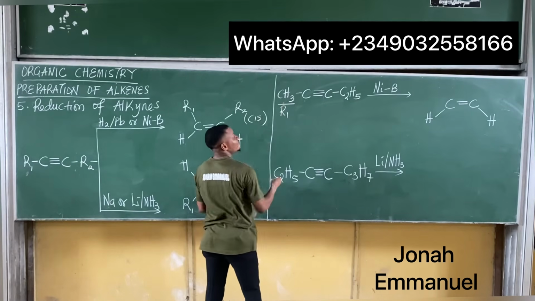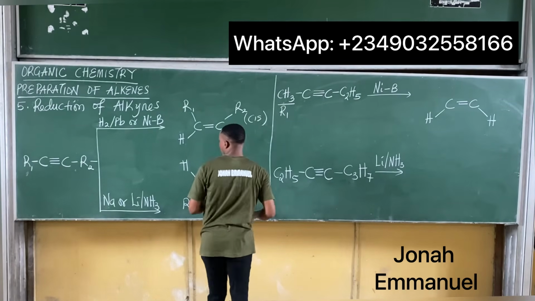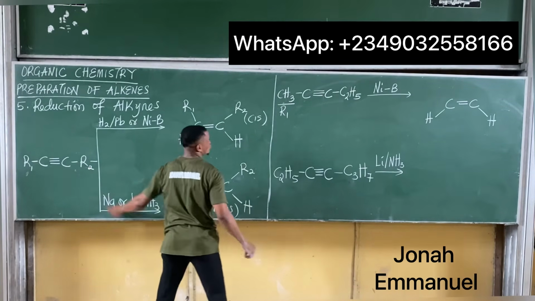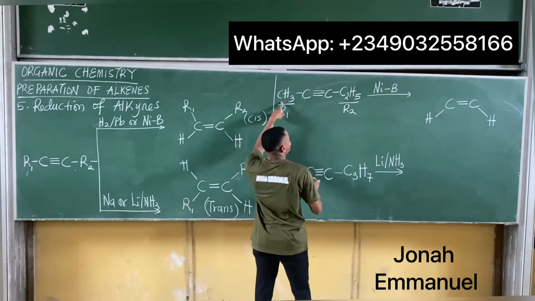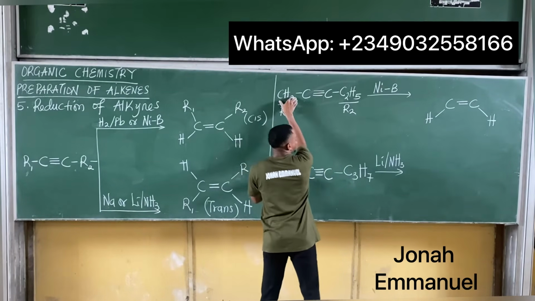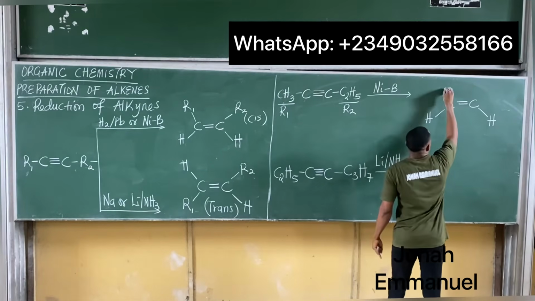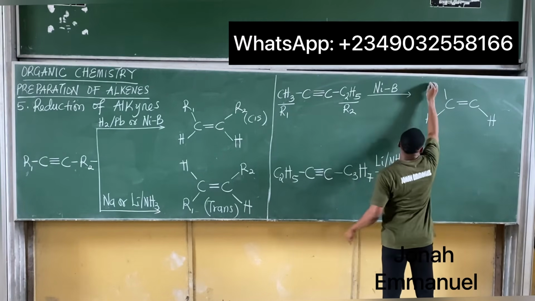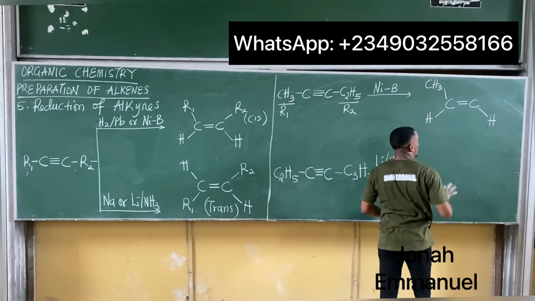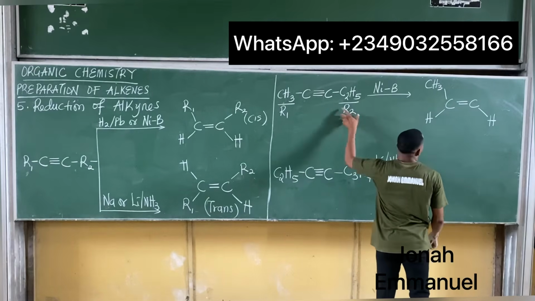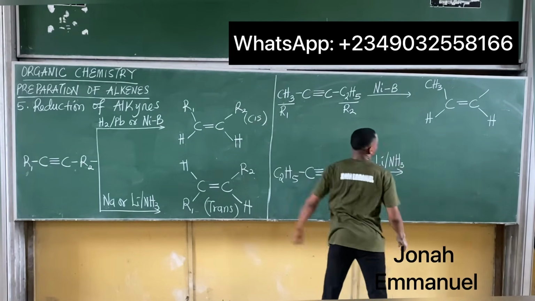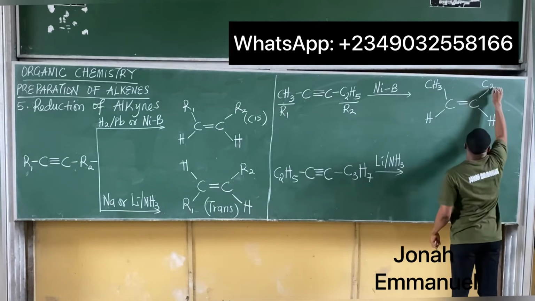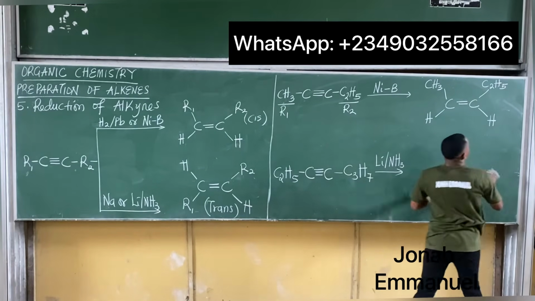What do you have here? Methyl. What is attached to this C here is R2. What do you have here now? Ethyl. Methyl, ethyl. Simply bring it here. So R1 is CH3, and R2 here is C2H5. Put R2 here, C2H5. Draw the complete structure.